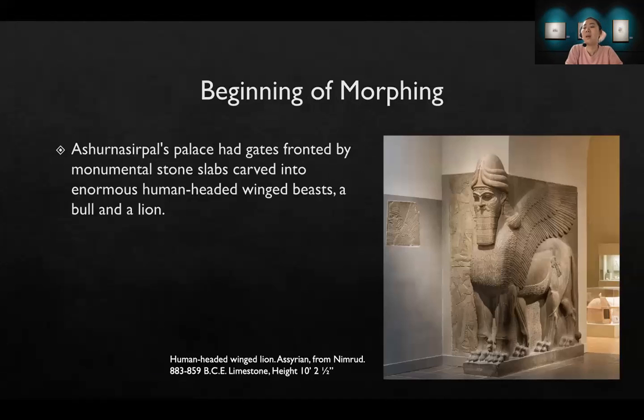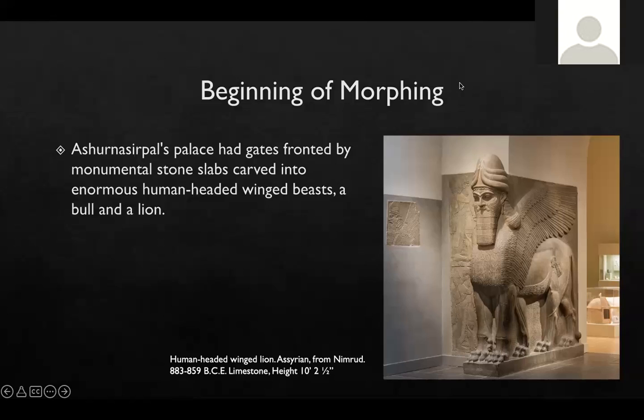But morphing art had been tried by ancient artists, just like this Assyrian sculpture. It has an enormous human-headed winged beast, a bull, and a lion.